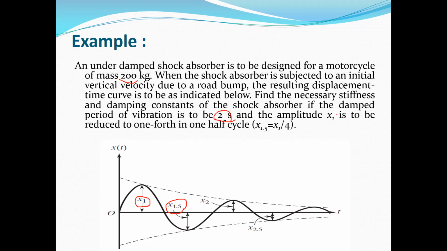And also we can obtain the delta by using the information of the amplitudes, the relation between the consecutive amplitudes x sub 1.5 and x sub 1, because the same relation is between x sub 2 and x sub 1.5. So we can find the relation between x2 and x1.